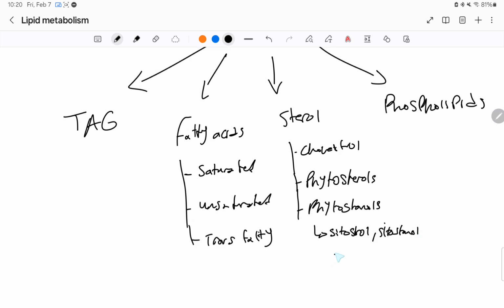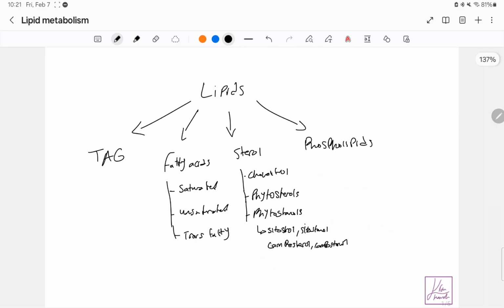There are others, for example campesterol and campestanol. Again, these are the common types of sterols and stanols that are plant derived that you can find in human food. They are very similar in structure to cholesterol, and they sometimes inhibit the absorption of cholesterol. So they actually have a cholesterol lowering effect.